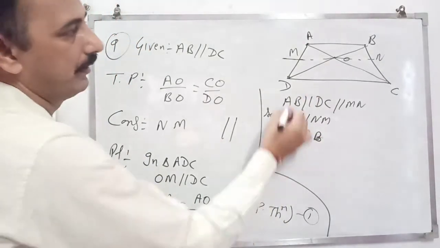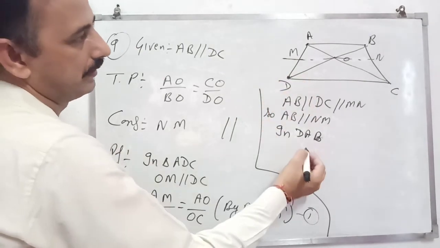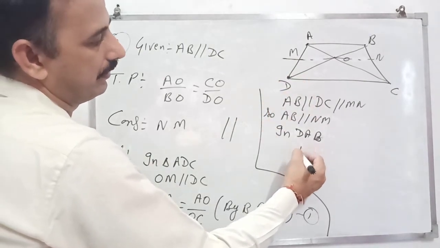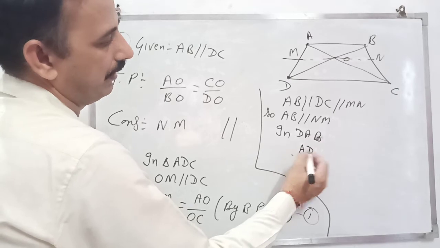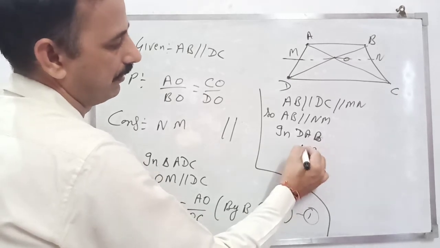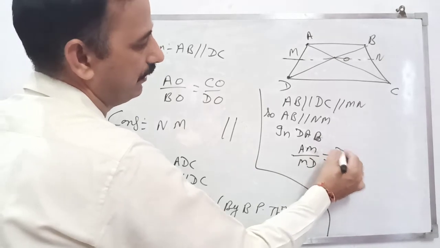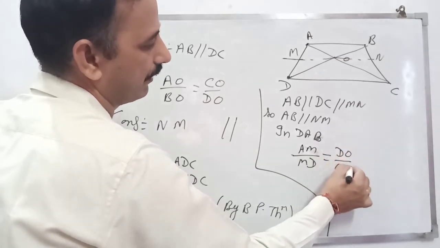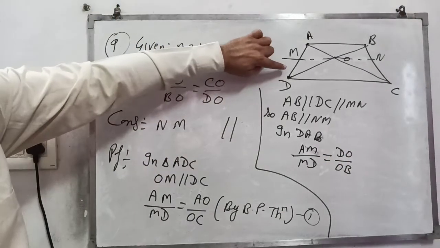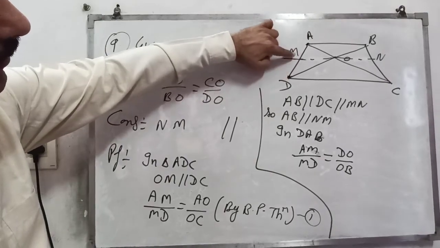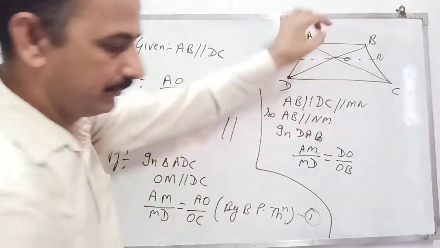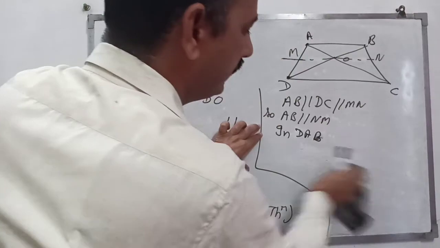So here D is the point, DM upon MA is equal to DO upon OB by BPT. We write it like that, which is easy to write down.